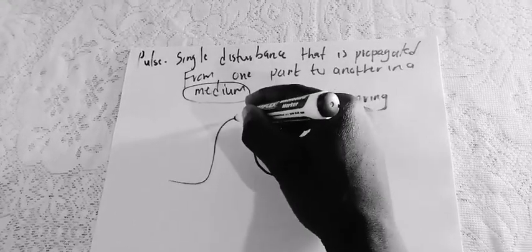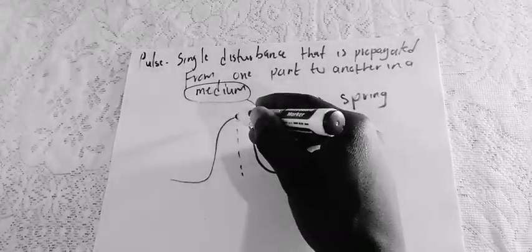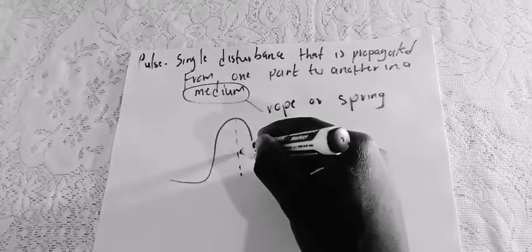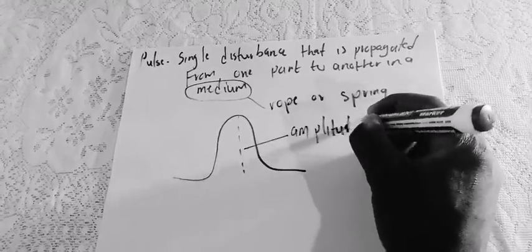And we have two terms of a pulse. Do you see that dashed line? It is known as the amplitude of the pulse.